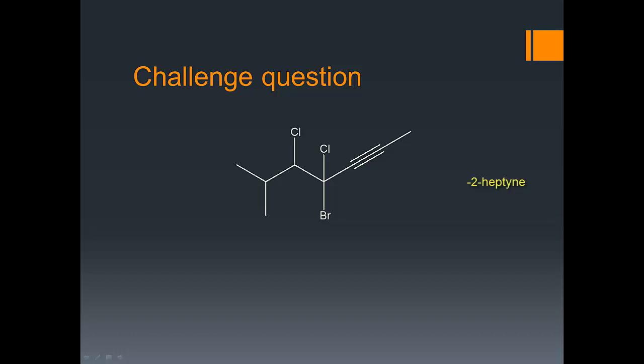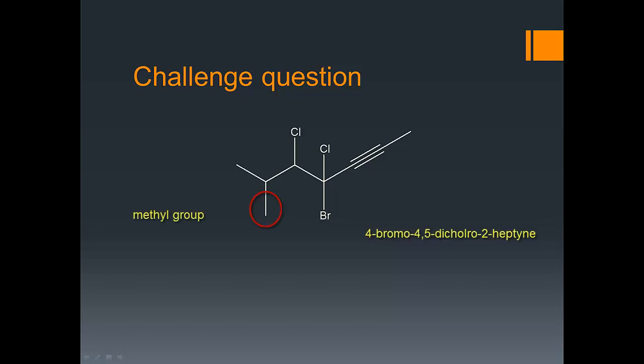And what else do we know? So 2-heptyne, we've also got 4,5-dichloro, and we have a 4-bromo. Because bromo, B, comes before chloro, C, alphabetically, we'll put our 4-bromo first. So it's going to be 4-bromo, 4,5-dichloro, 2-heptyne. But we've got a methyl group there as well.